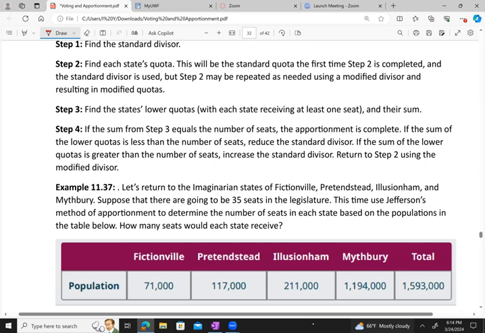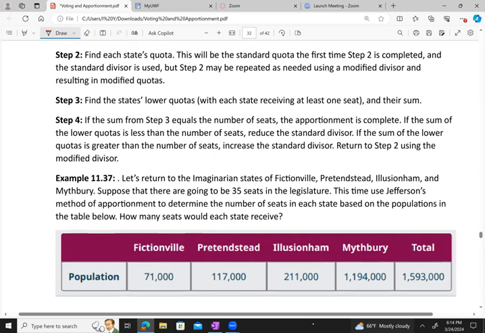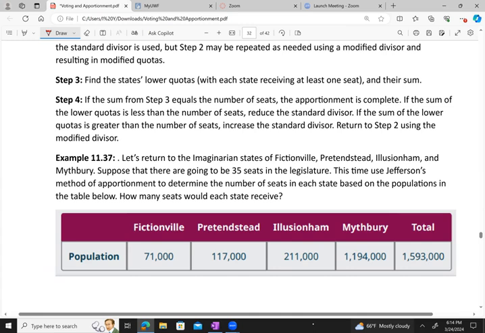Find the state's lower quotas, with each state receiving at least one seat, and their sum. If the sum from step 3 equals the number of seats, the apportionment is complete. If the sum of the lower quotas is less than the number of seats, reduce the divisor. If the sum of the lower quotas is greater than the number of seats, increase the standard divisor. Return to step 2 using the modified divisor.